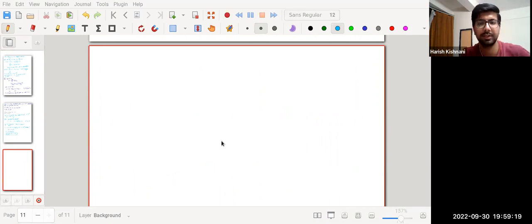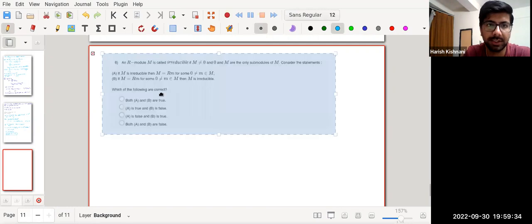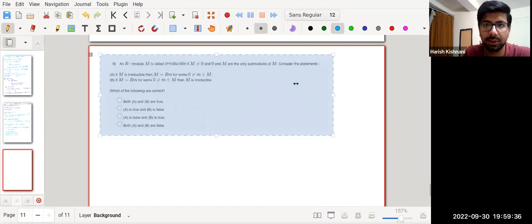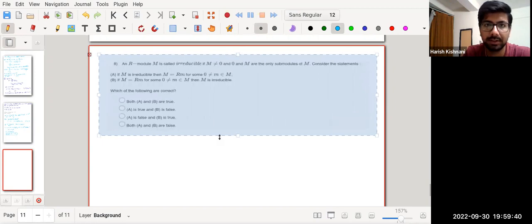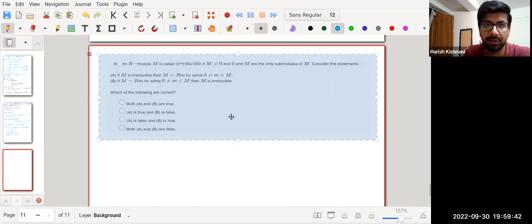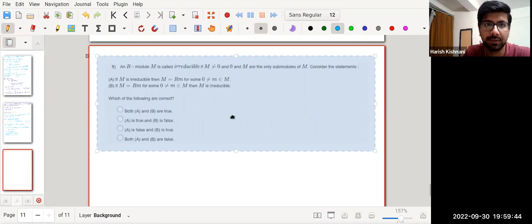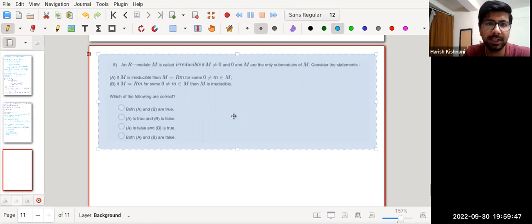Just give me some seconds to copy the question. So here it is. It says that an R-module M is called irreducible if M is non-zero and 0 and M are the only submodules of M. Consider the following two statements: A, if M is irreducible, then M is generated by a single element.